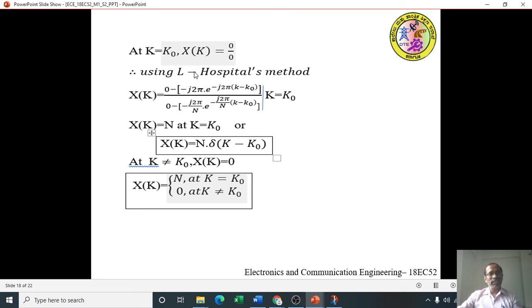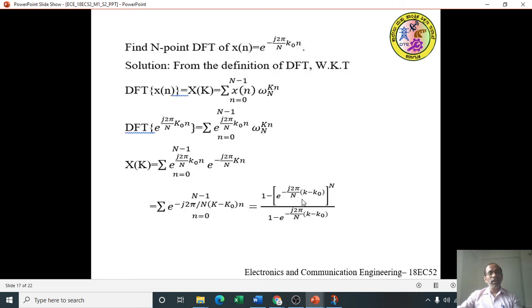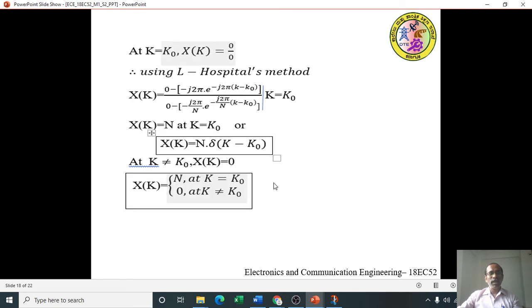L'Hospital method tells that differentiate the numerator separately, differentiate the denominator separately. So it looks like the e power mx formula. This is constant. Differentiation of constant is 0. Differentiation of e power mx is m into e power mx.